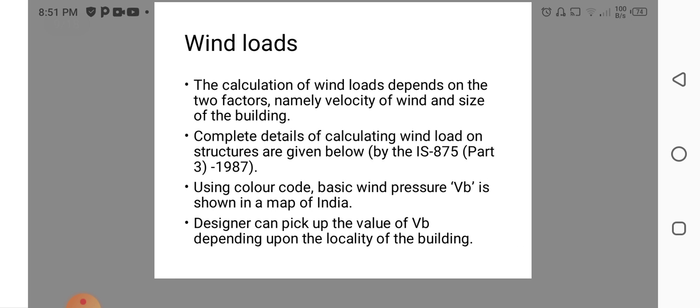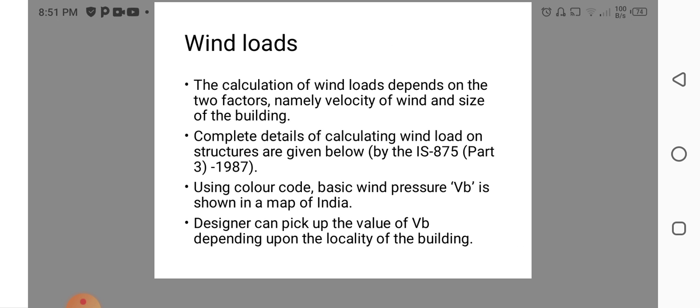Calculation of wind load depends upon factors such as the velocity of wind and size of the building. Complete details of the calculation of wind load are given in IS 875 part 3.